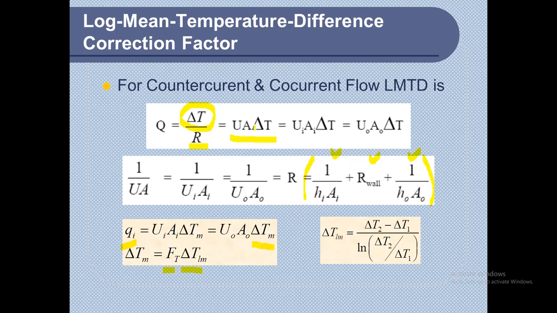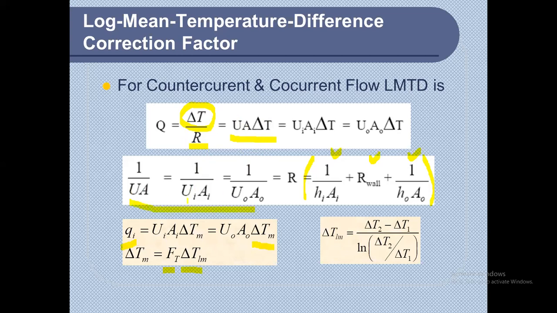Now, if these expressions are equated, then we say that they are equal, and as such, your resistance here is actually equal to the reciprocal of the product of U and A. Because if you write this U and A product in the denominator in the form 1 over UA, then 1 over UA must be your resistance in the same way that you see it in here.